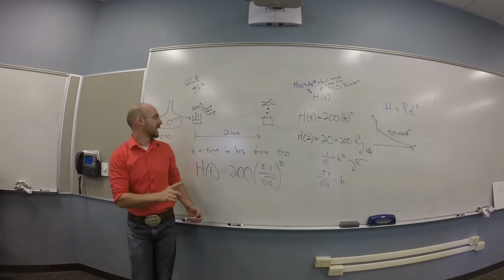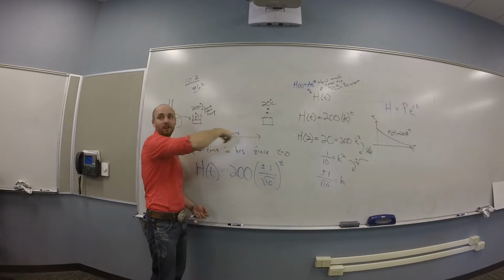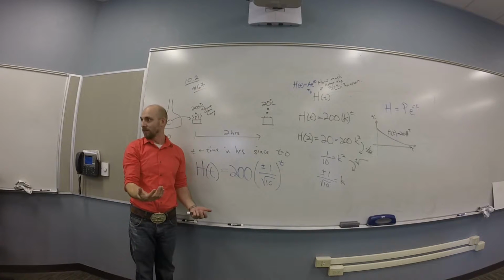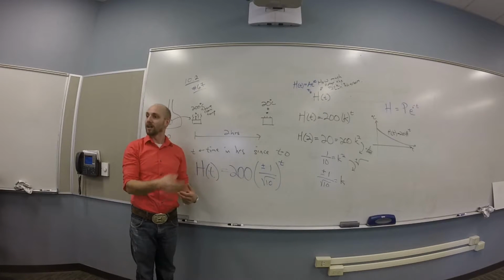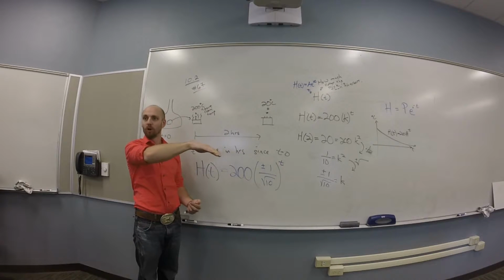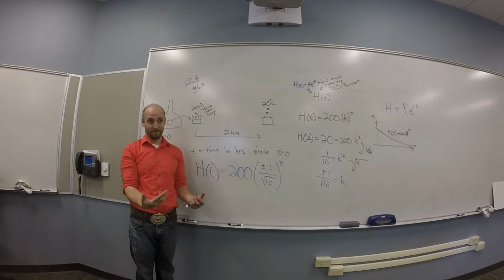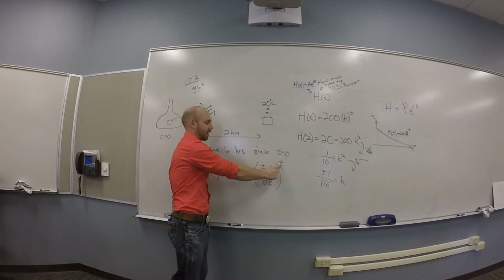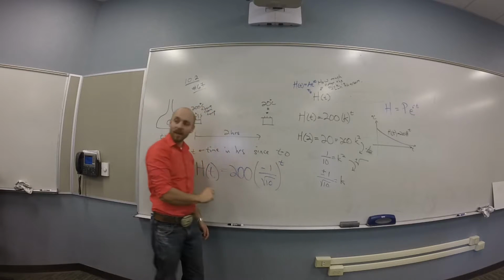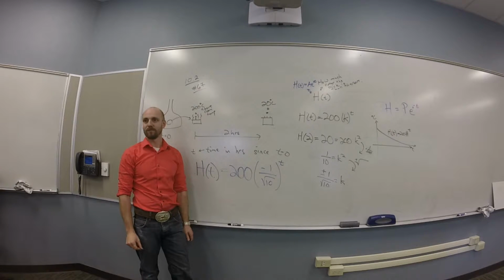It's halfway between 200 degrees and 20 degrees somehow, right? Is it actually going to give me halfway between? No. Probably not, because it's going to cool off faster at the beginning and then slow as it gets towards room temperature, right? But is it going to be somewhere in the middle? It better be. So if I plug 1 in here, and I had minus 1 over the square root of 10, what are you going to get out of this thing?